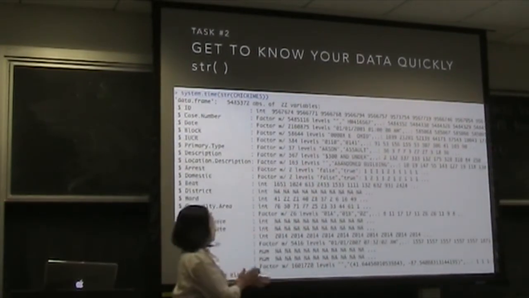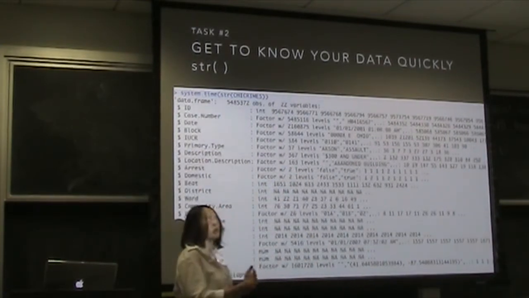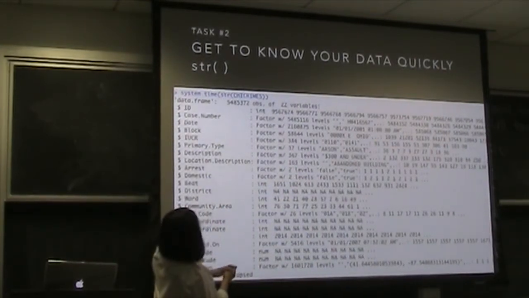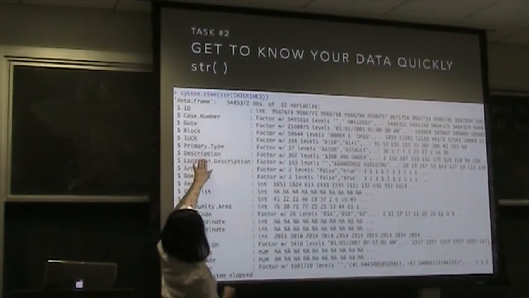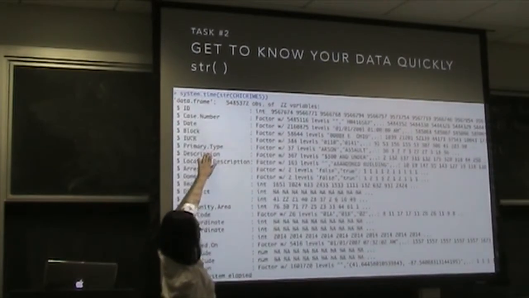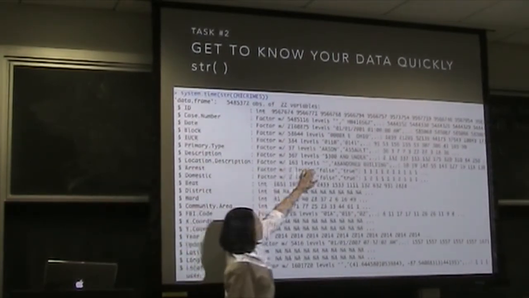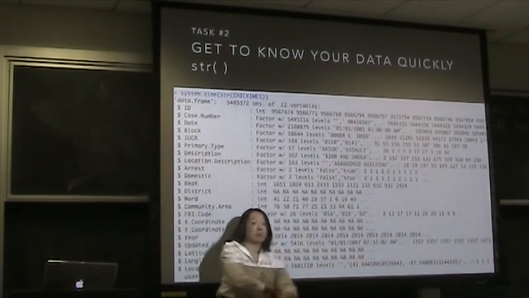So again, it's about maybe simplifying or making this more workable, because you're telling your story, and maybe you want to do something with the type of crime. Okay, so there are obviously two types of crime in here. There you have something called the primary type that only has 37 levels, and then the description is a fuller thing that is very specific about what crime occurred.